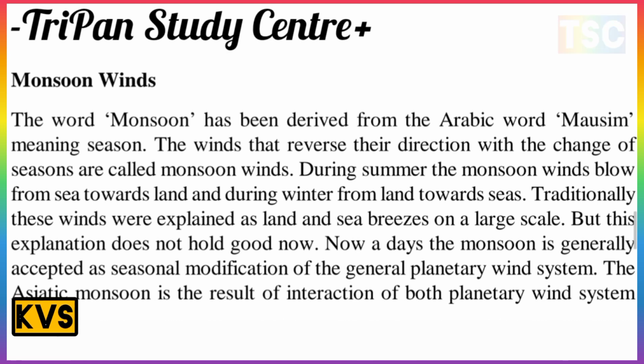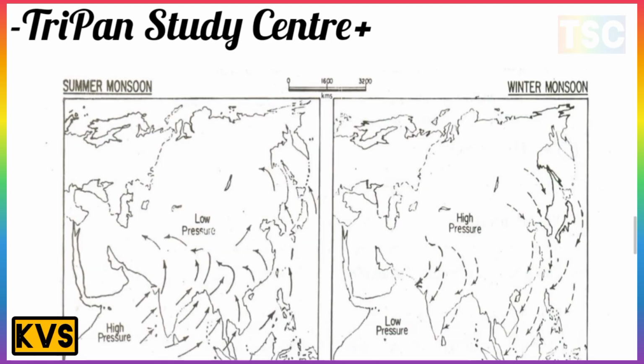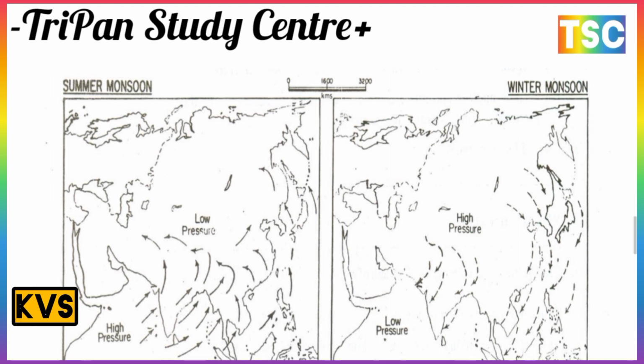Nowadays the monsoon is generally explained as a seasonal modification of the general planetary wind system. The monsoon is the result of interaction of both planetary wind systems. Here are the two most important diagrams, the summer monsoon and the winter monsoon.